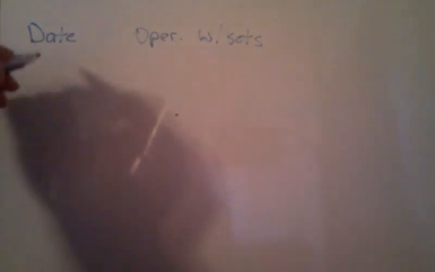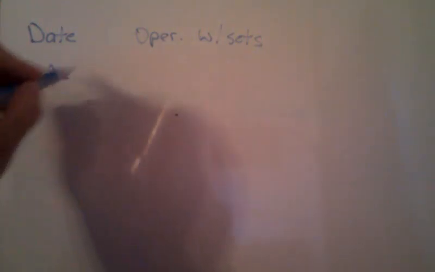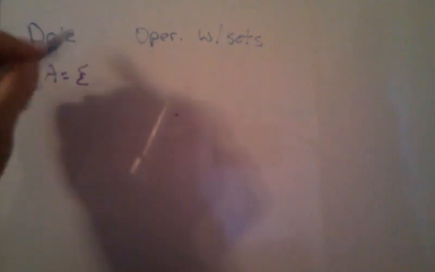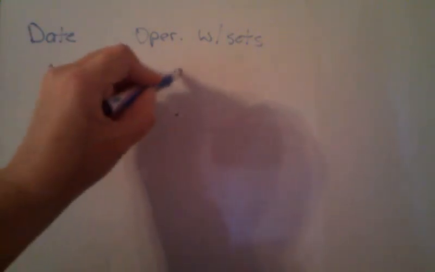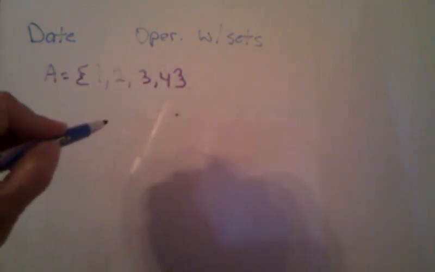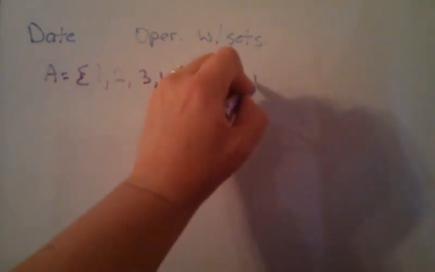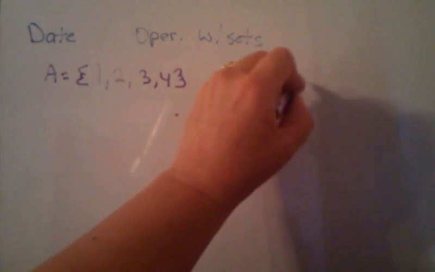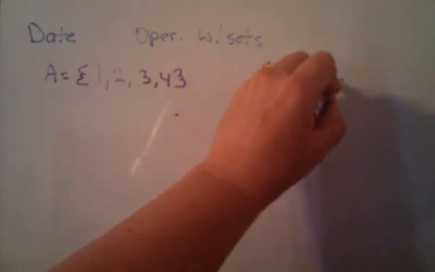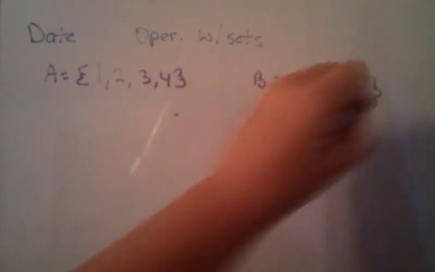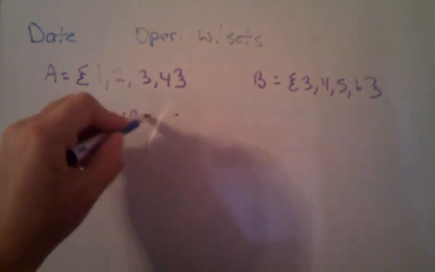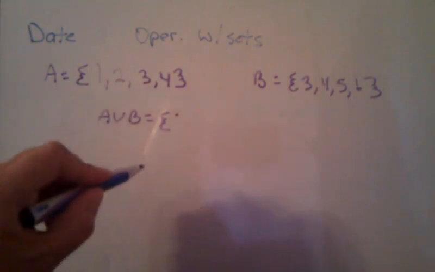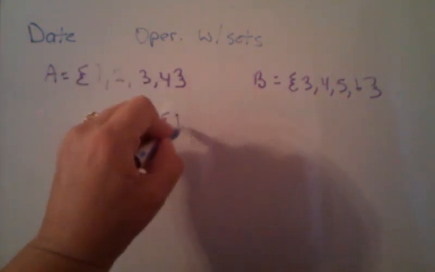We said if A equals the set 1, 2, 3, and 4, and B equals the set 3, 4, 5, and 6, then A union B equals the set 1, 2, 3, 4, 5, 6.